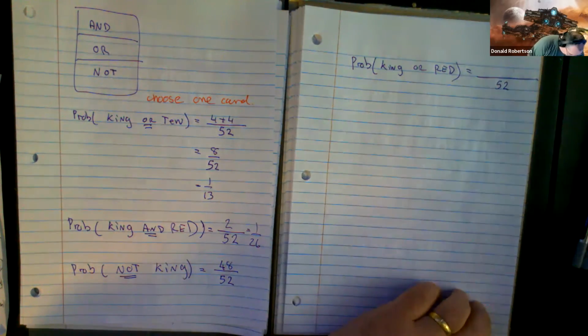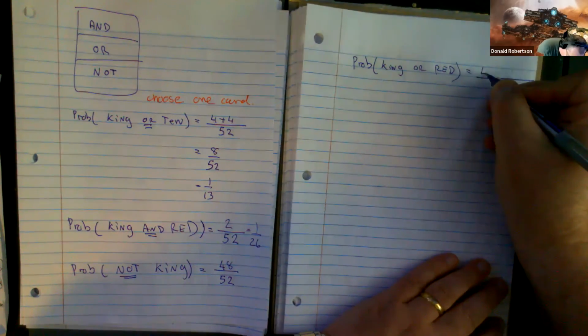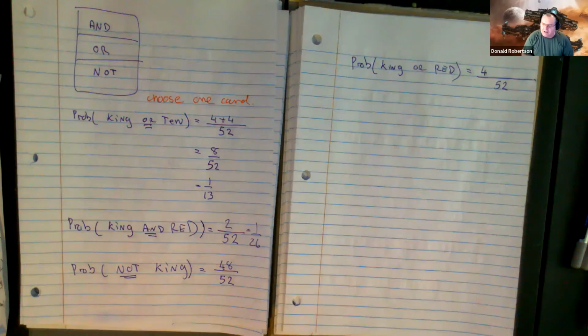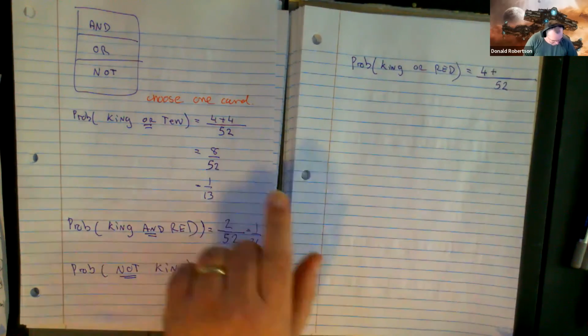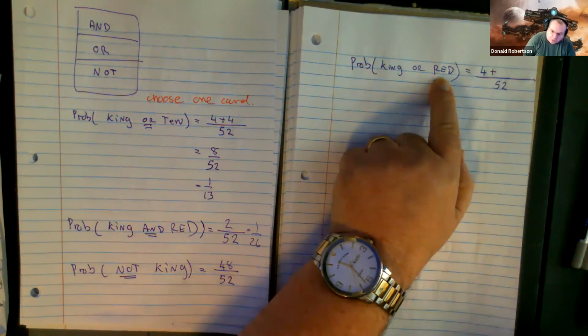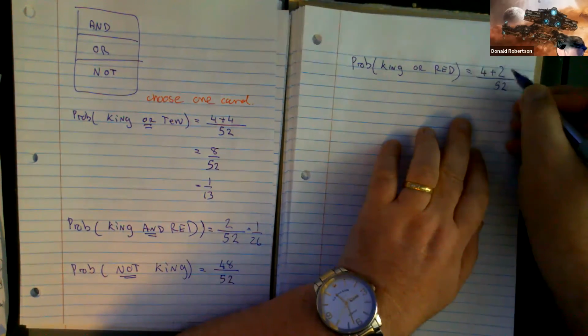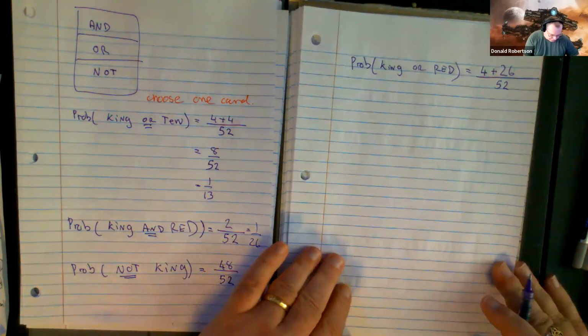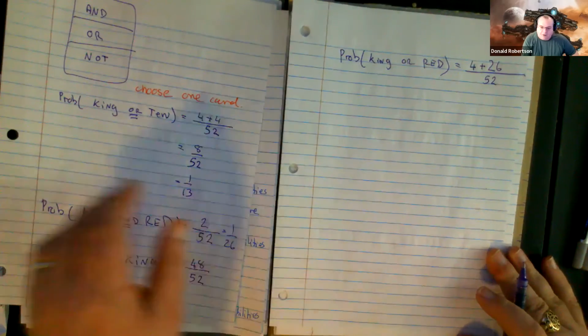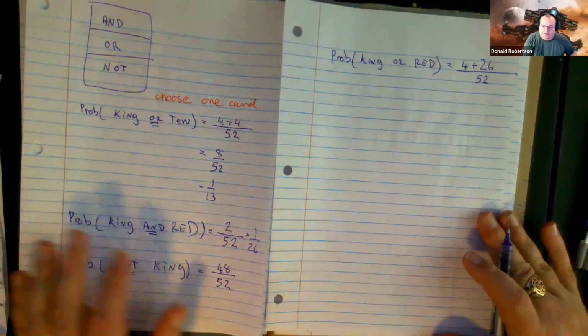You might, and it makes sense, but it doesn't work, say there are 4 kings and there are 26 red cards. So the answer should be 30 out of 52. And I said that's wrong, and it is.